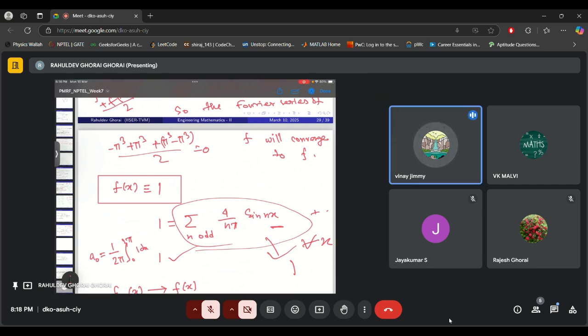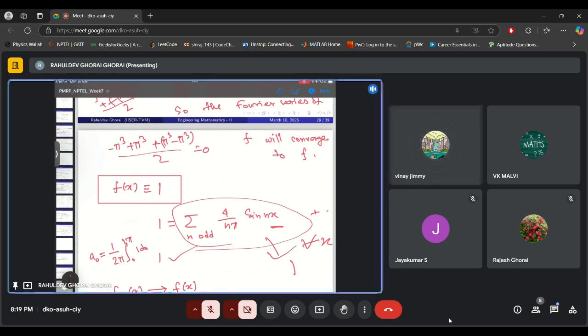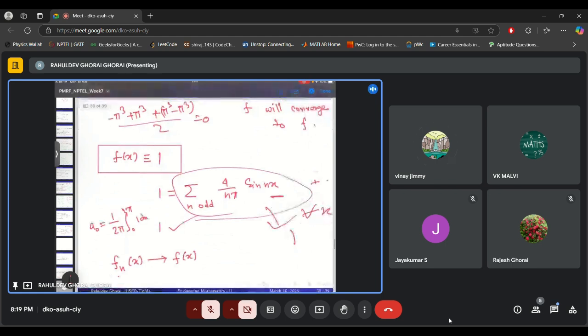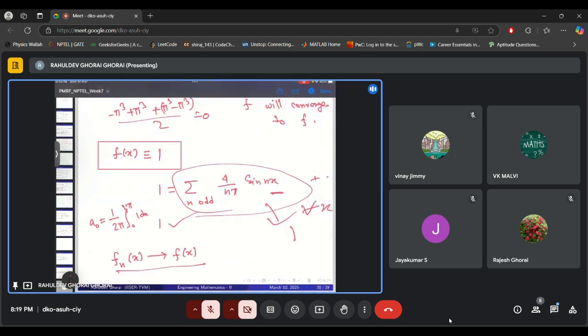Mainly we are concerned with sin nx. Exactly. So what I'm saying is that f_n(x) converges to f(x) pointwise if f_n(x naught) tends to f(x naught) for every fixed x naught.